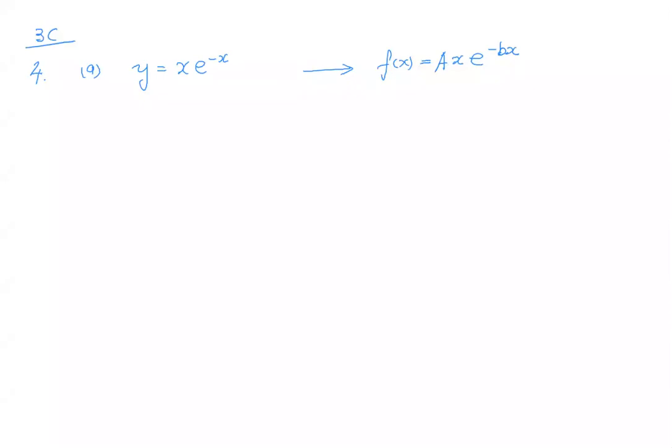Yes. So here, the a is 1, the b is 1. So you know the curve for this one definitely is like that. So there is only one stationary point, correct? And what is the value of the x coordinate of the stationary point? 1 over b, correct? So it's 1 over 1, which is 1.